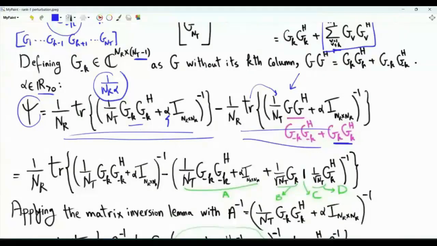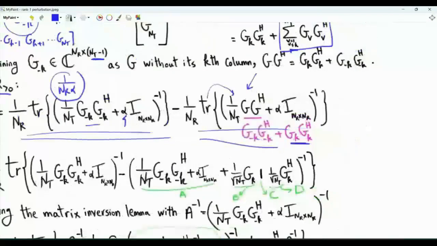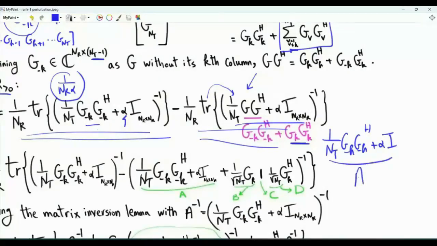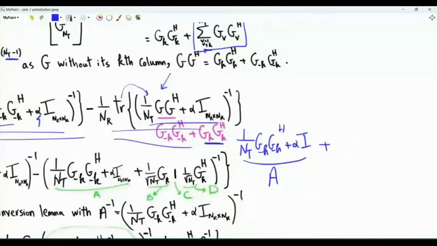Take G G Hermitian and rewrite it as G_minus_k G_minus_k Hermitian plus G_k G_k Hermitian. What we have here can be written as 1 over NT G_minus_k G_minus_k Hermitian plus alpha times identity. This is matrix A. Then we are left with 1 over NT G_k, that's the kth column of matrix G, G_k Hermitian.